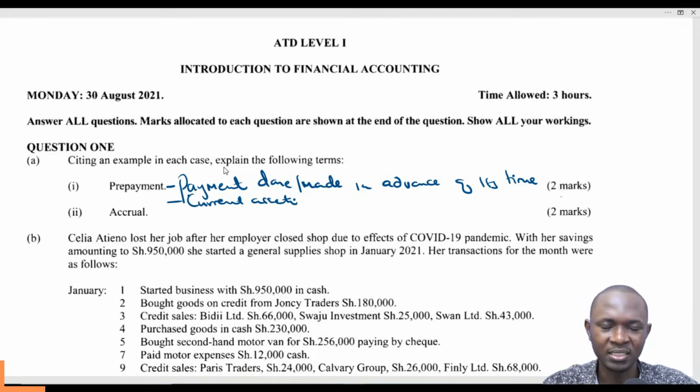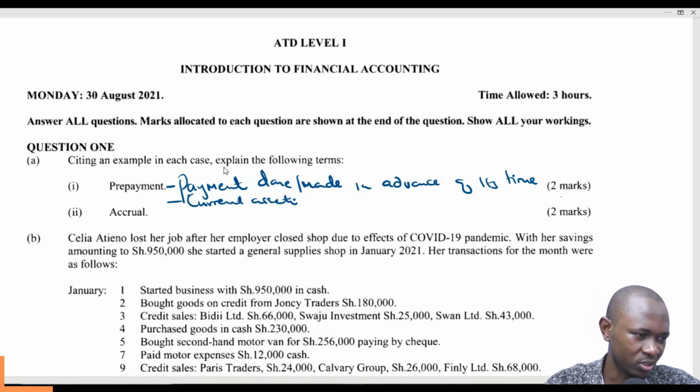The reason it's still counted as the business's money is that it has not been utilized, because the time has not yet come for it to be utilized. So it's just like money waiting for its correct time to be used up. Normally we call them prepayments.